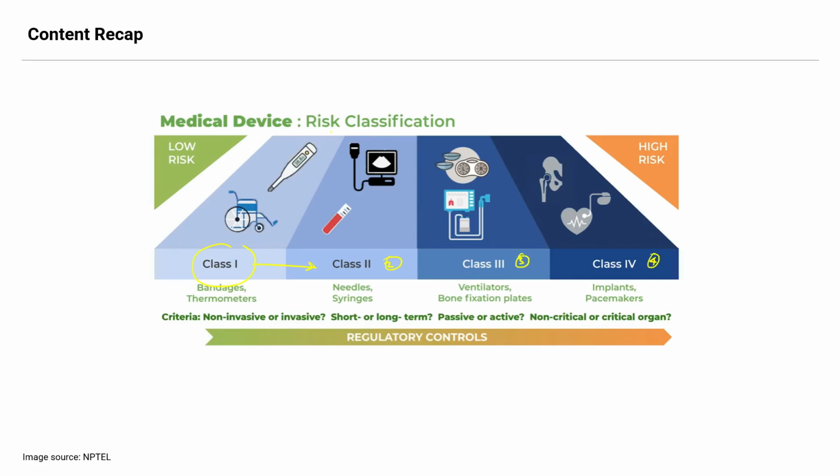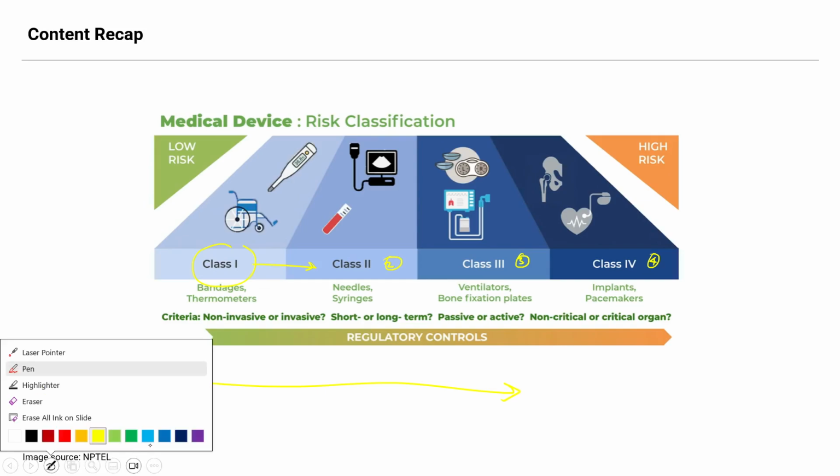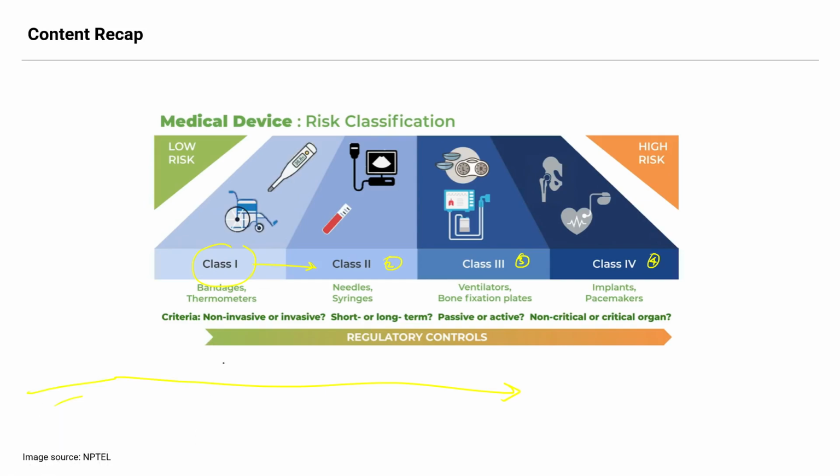As we move from class 1 to class 4, what we see essentially is that the risk tends towards low risk on the left, and as you move from left to right, we move towards high risk.